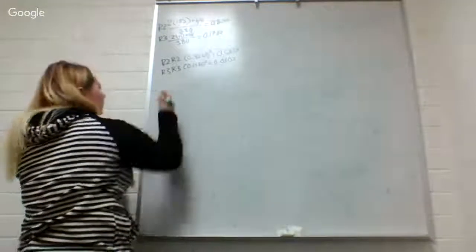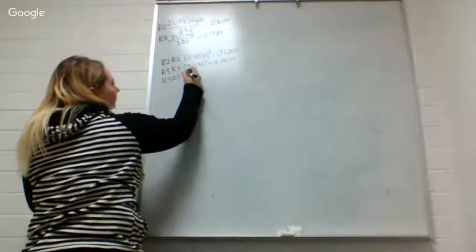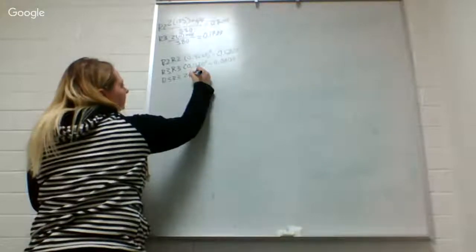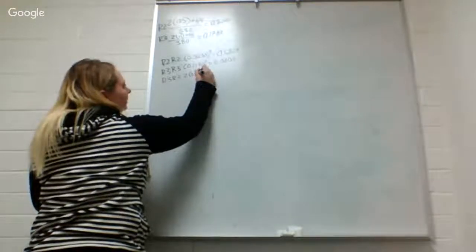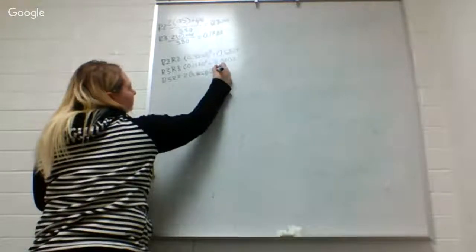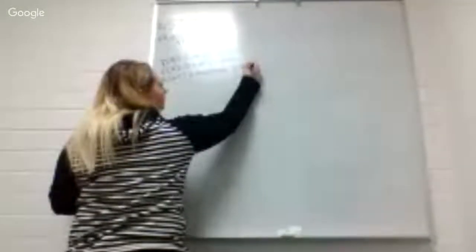And so to find our R2R3, we need to do 2 times 0.8263 and then 0.1737, which gives 0.2871.